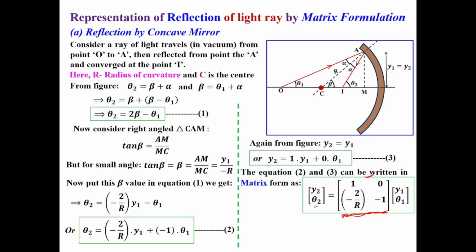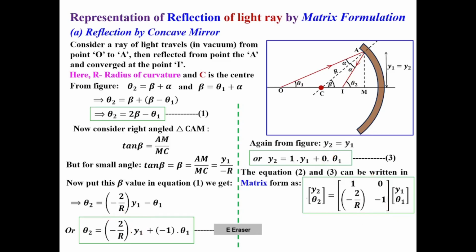See, y2 theta 2 on the left-hand side I wrote in the form of a 2 cross 1 matrix. Then the y1 coefficient is 1, written over here, and here the y1 coefficient is minus 2 by R. Here the theta 1 coefficient is 0, written over here, and here the theta 1 coefficient is minus 1. This is your 2 cross 2 matrix into y1 theta 1, again a 2 cross 1 matrix.